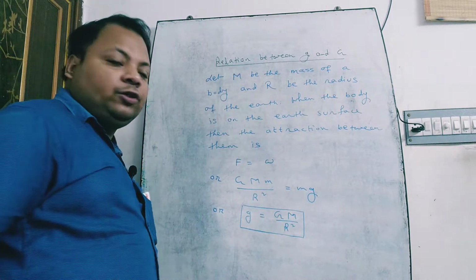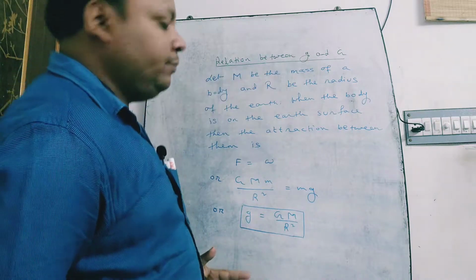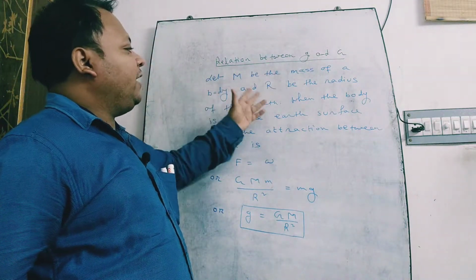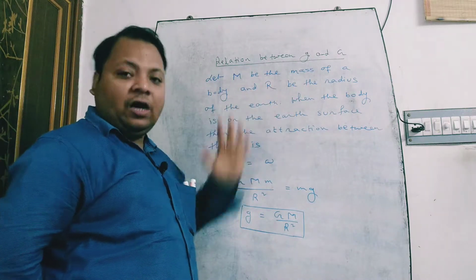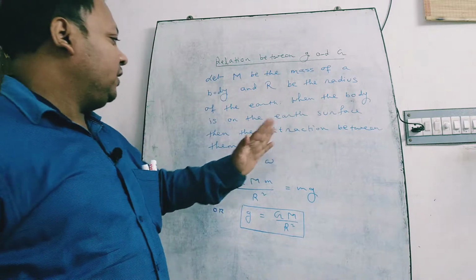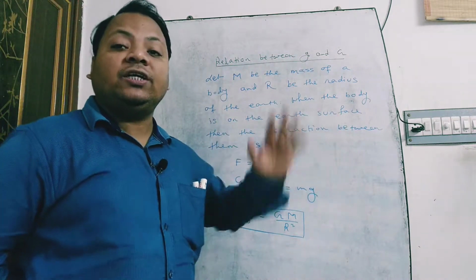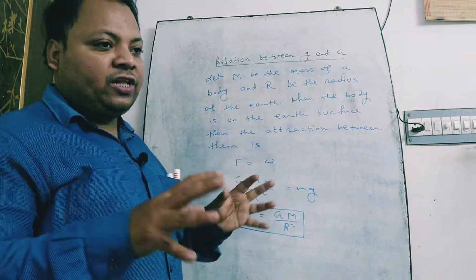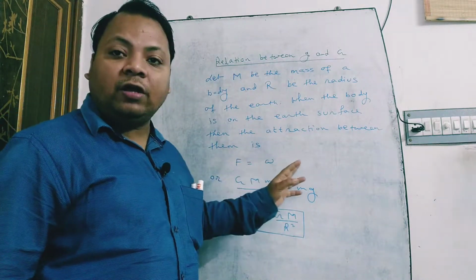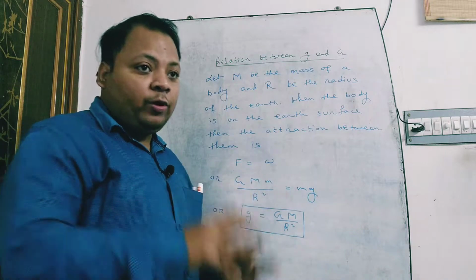Now, the relation between small g and capital G. Let capital M be the mass of the earth and capital R be the radius of the earth. When the body is on the earth's surface, the attraction between the earth and the body, capital F, is equal to the weight W of the body.